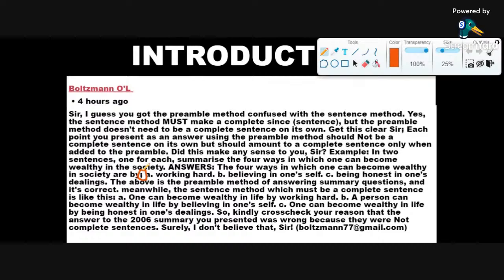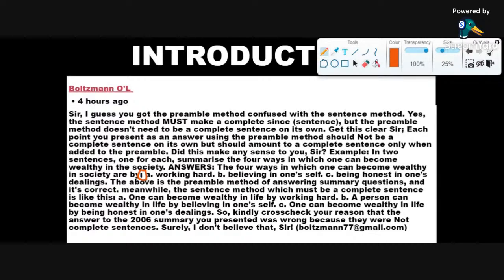preamble with a semicolon. And a preamble should not be ended with a semicolon. When you create a preamble, you should end it with a colon, which is 2 dots. A colon is the punctuation mark that indicates that there is something that follows, which the preamble explains.